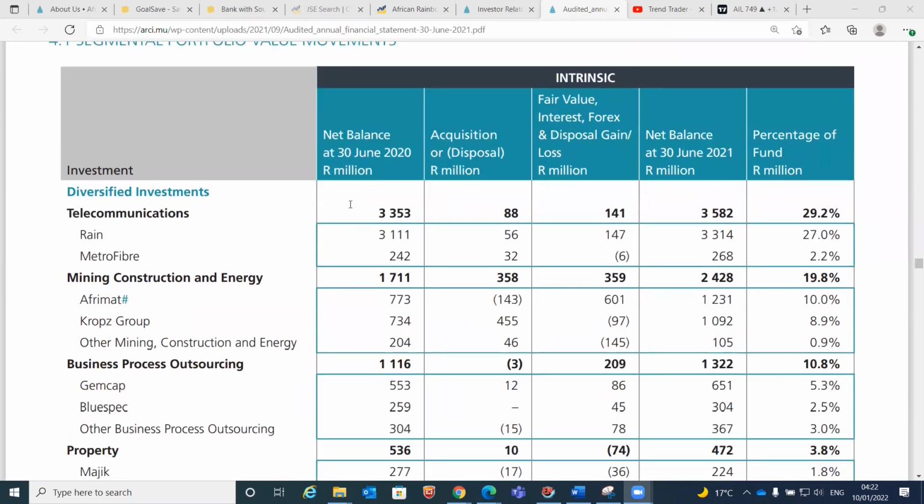TymeBank is not one of their largest investments. As you can see here, they have 29% that is invested in telecommunication. Of this 29%, about 2% is invested in Metro Fiber and 27% is invested in Rain. Some people are finding Rain useful. Some people have challenges with Rain. It depends where you are sitting as a user.